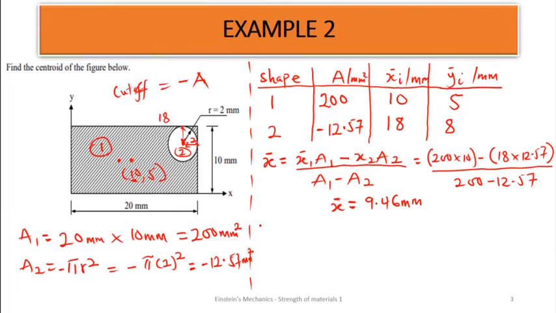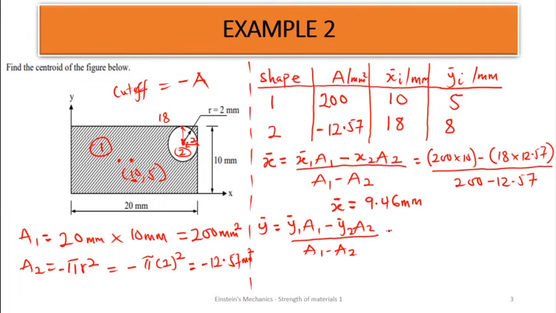What about the y bar? That is also going to be y1 for shape 1, area 1. The negative is supposed to be y2. So I have y2 area 2, everything on area 1 minus area 2.